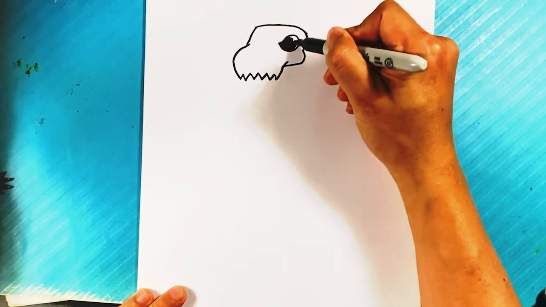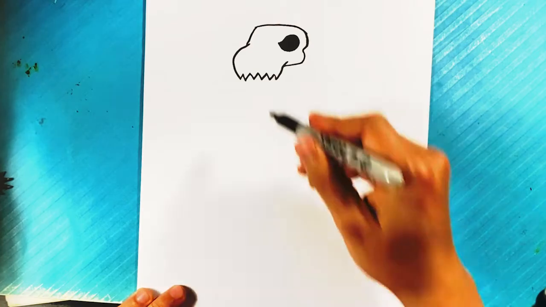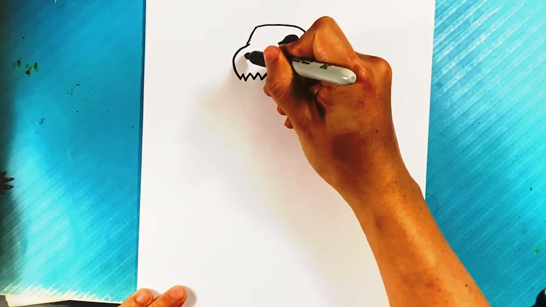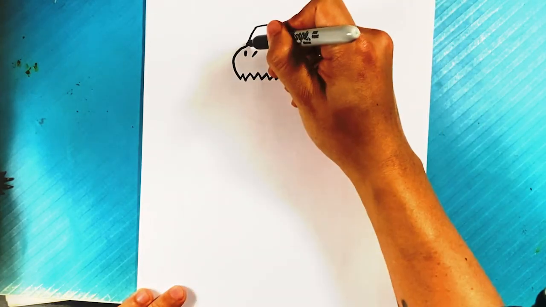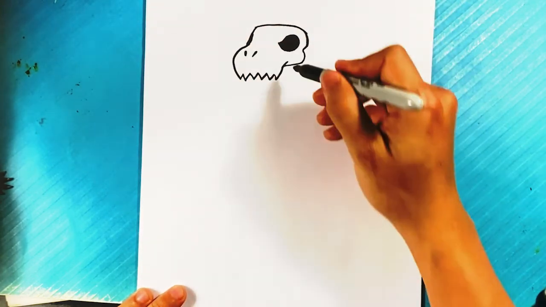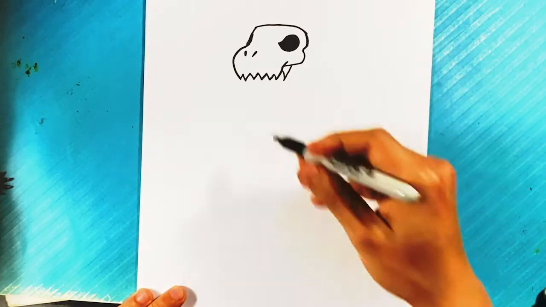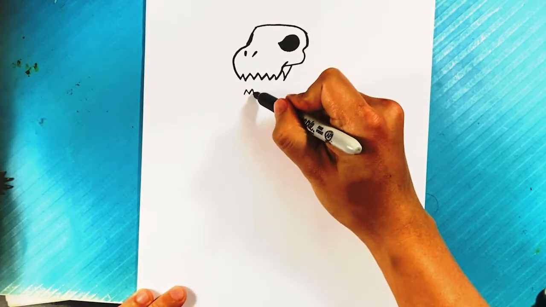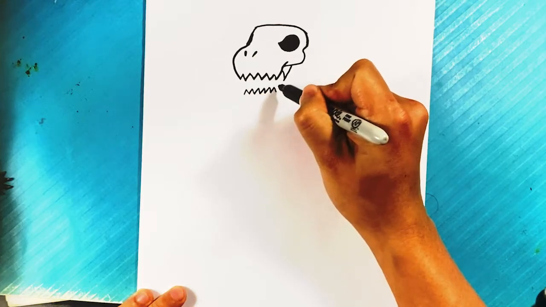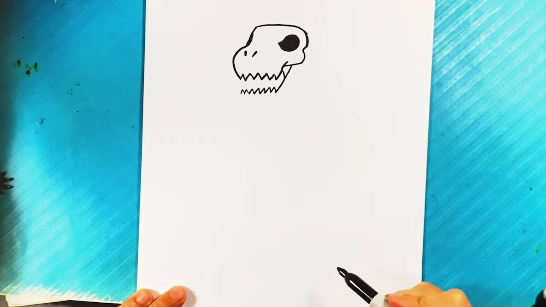Kind of looks like a skull crawler, honestly. Nostril on this side, and his other eye on the far side. Line down over here, and then a zigzag shape down here for the bottom jaw.